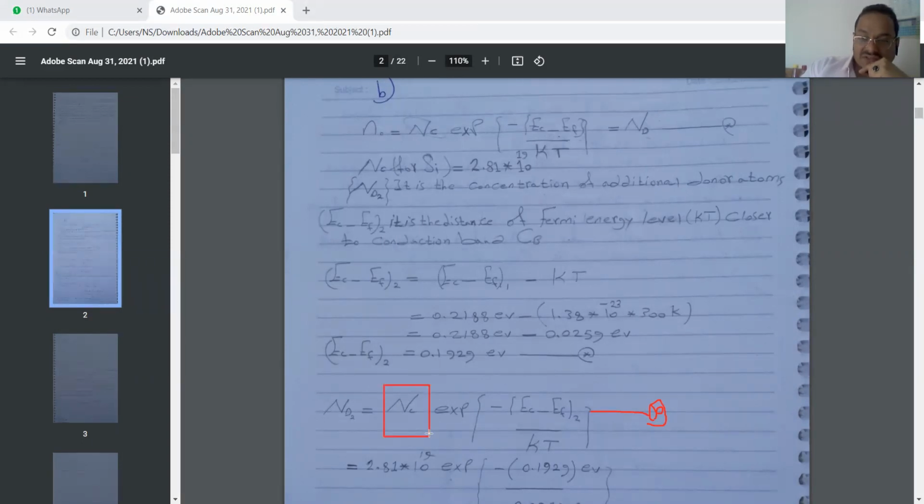We know its result, 2.81 × 10^18. That means we have this result. Let me use this pencil again. How can I do that? That means we have this result.